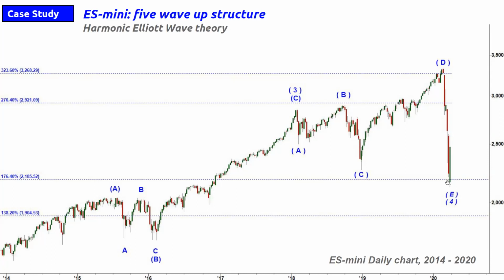And the trickiest part of that pullback structure is that every successive subwave is actually longer than the preceding one. And the final one comes as a panic drop. We got that panic drop on pandemic news in February, March 2020, and it stopped right at 50% retracement.